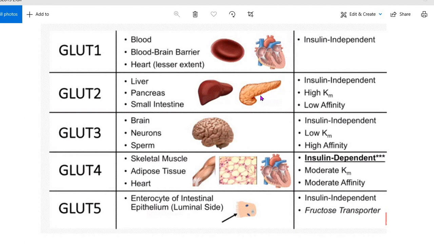If you look at the pancreas too, remember, the pancreas actually contains beta cells and alpha cells in the islets of Langerhans.